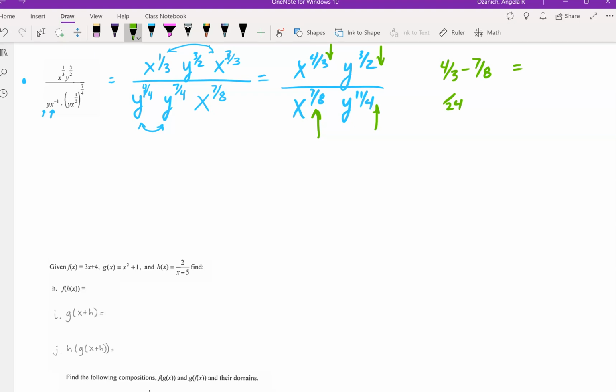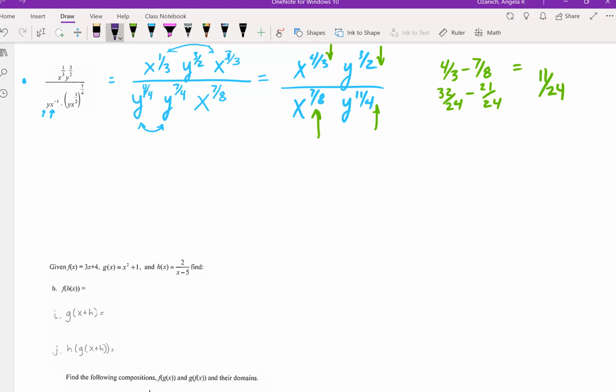Would you have to multiply 3 times 8 to get to 24? So 4 times 8, all right? Remembering how to get common denominators takes a little extra work. 7 times 3, so we have 21. So our subtraction is going to yield 11/24 for that particular problem.